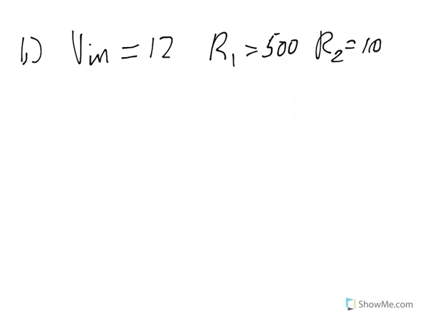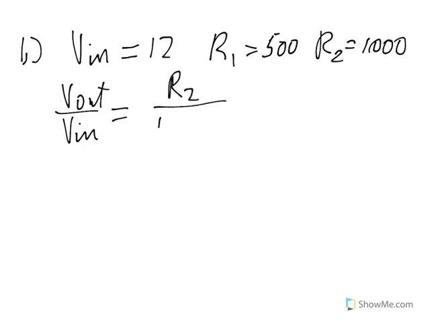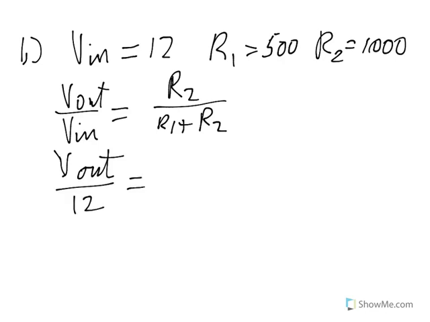And R2 at 1 lux was 1,000. So we want to know what the voltage out is, so V out over V in equals R2 over R1 plus R2. So V out over 12 equals 1,000 over 500 plus 1,000.